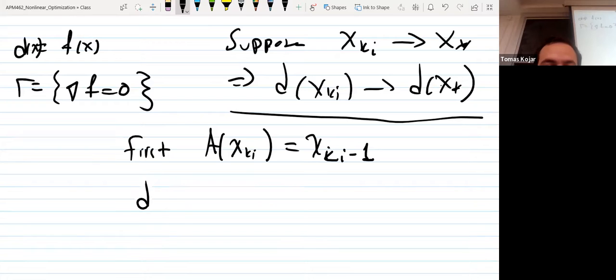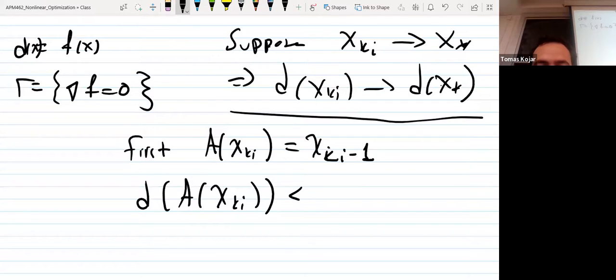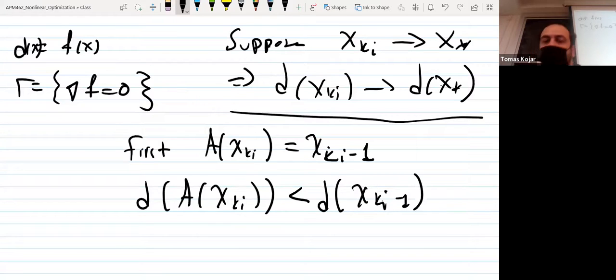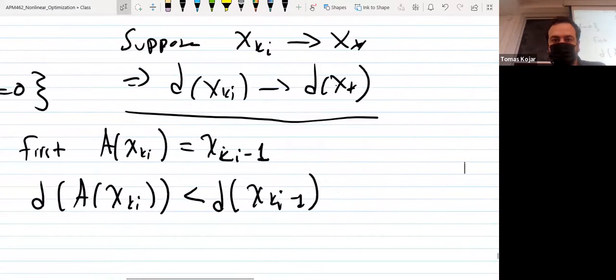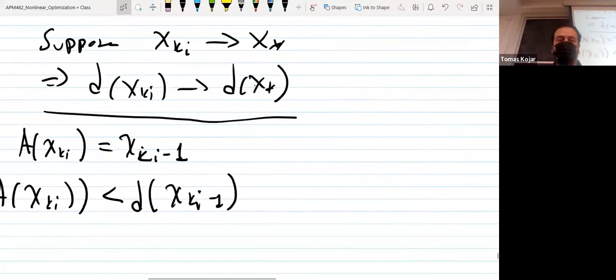And we also know that if you precompose by xki, then you're less than, if you start outside, less than the previous guy.